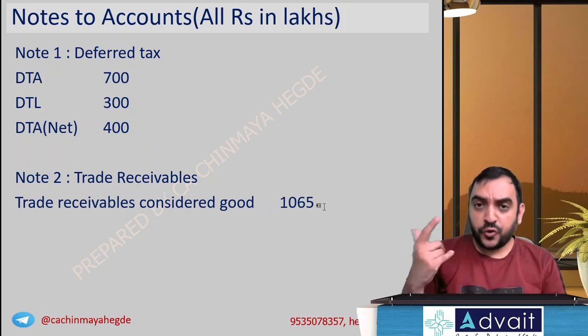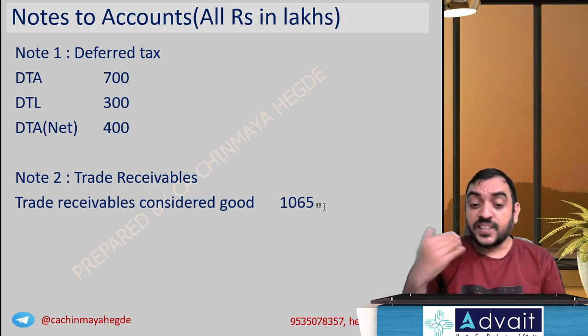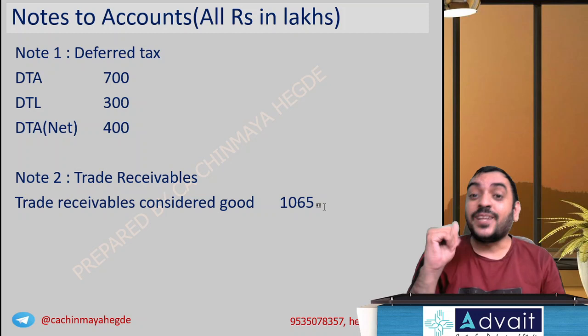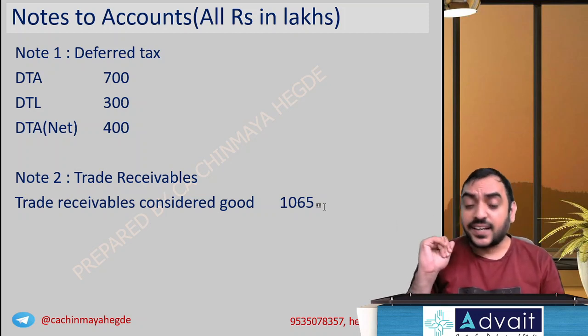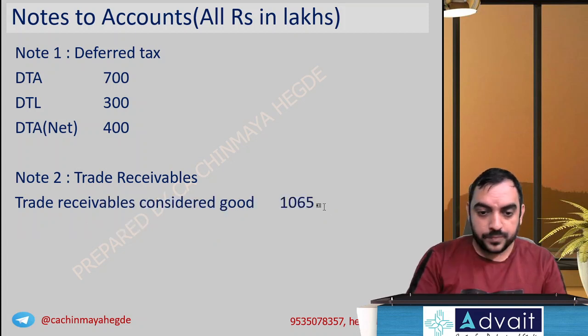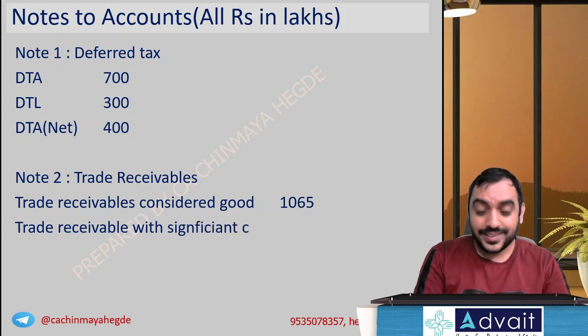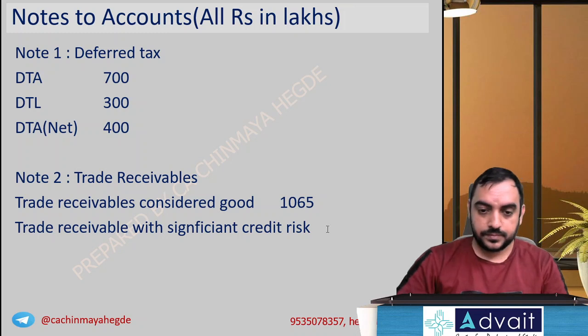And for which doubtful, you know what we use the term as per Ind AS 109 financial instrument. We use the word trade receivable with significant increase in credit risk, credit impairment. We just say increase in credit risk. Trade receivable with significant credit risk, 40.